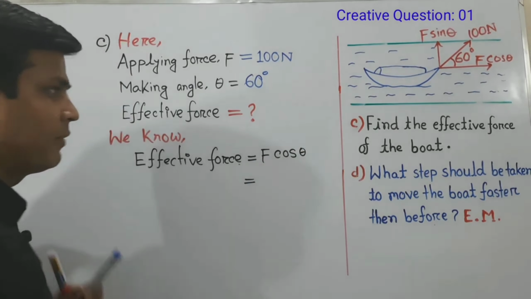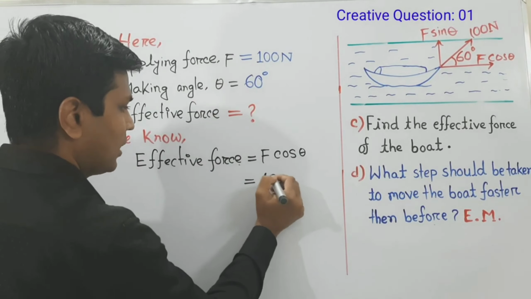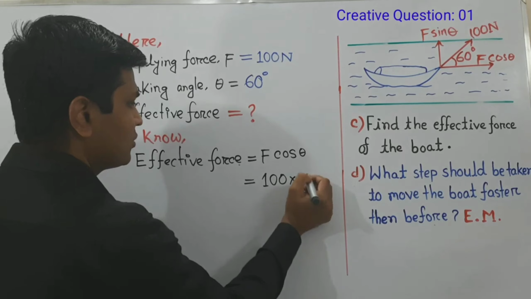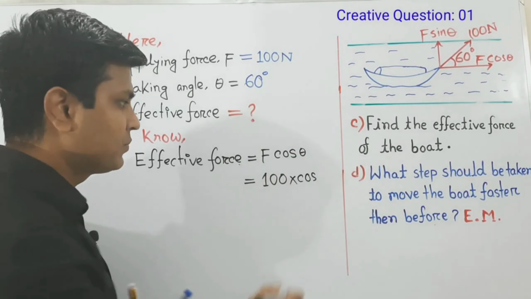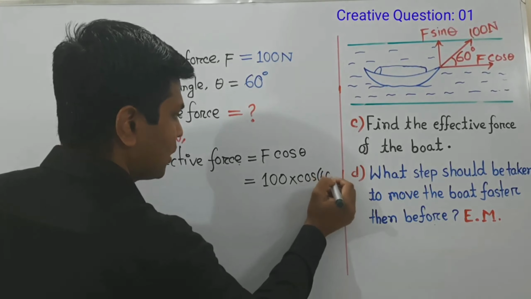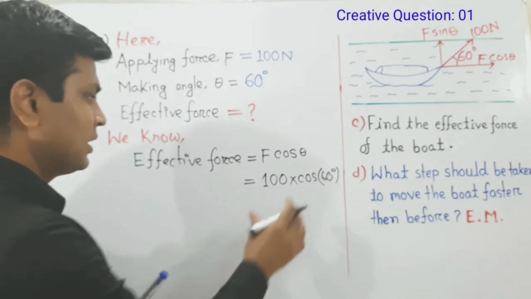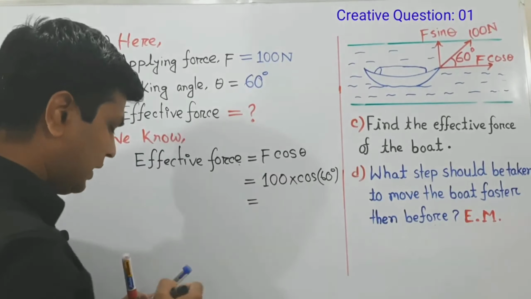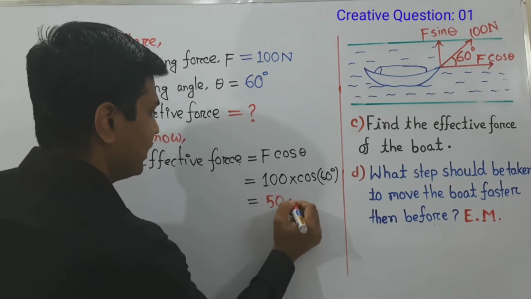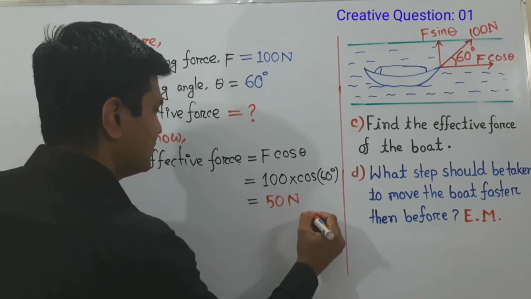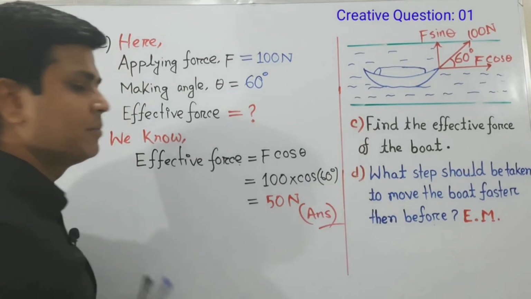Here the value of f is 100 Newton, 100 cos, and the value of theta is 60 degree. So cos 60 degree, and after calculation of that expression we will get the effective force is 50 Newton. This is the answer of question number C.